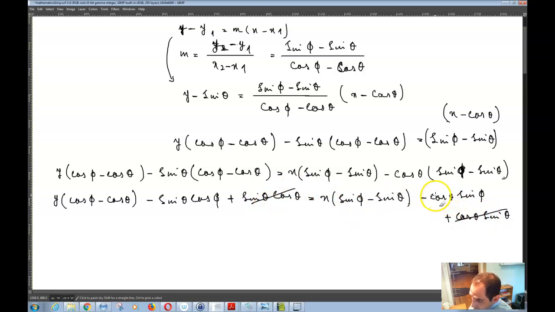And basically cos theta sine phi I have over here, and over here I have sine theta cos phi. So this is equal to, if I take this to the other side of the equation, I can take this x to the other side.